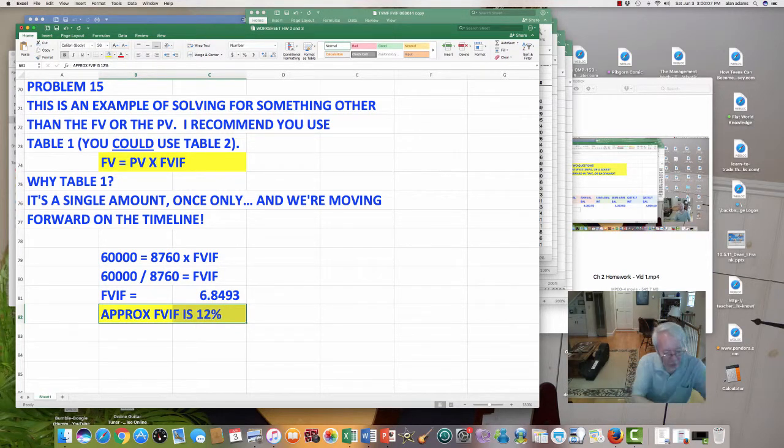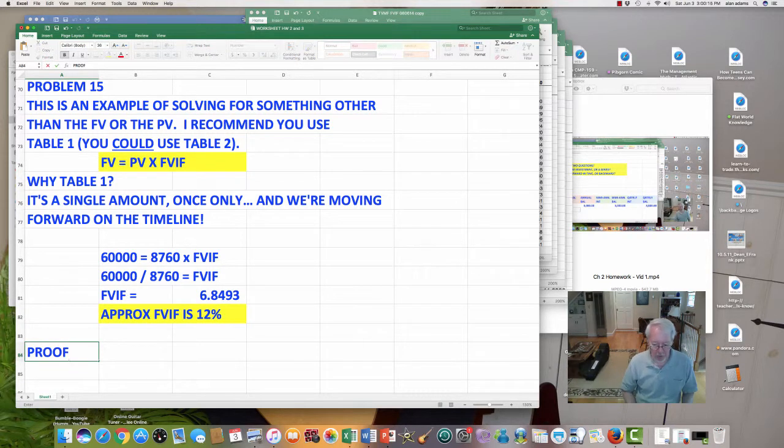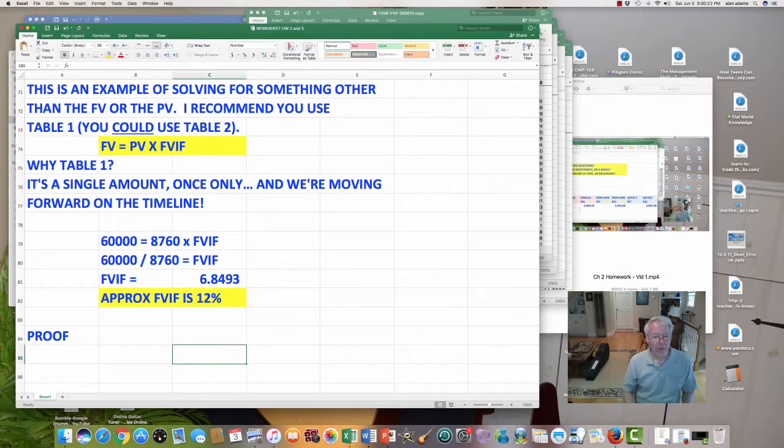Hold on, my timer's not working here. All right, so let's prove it. My proof is going to be, will $8,760 grow to $60,000? So I'm going to put years here.